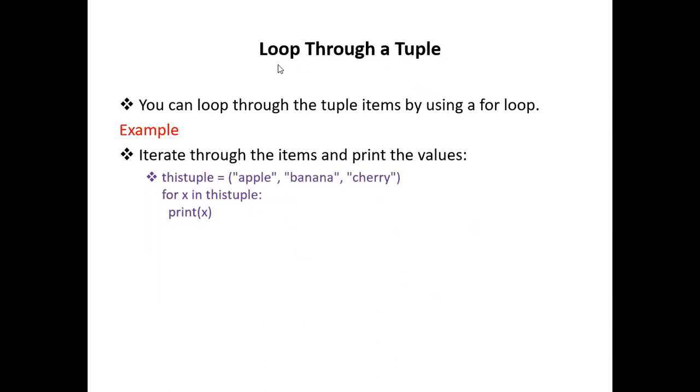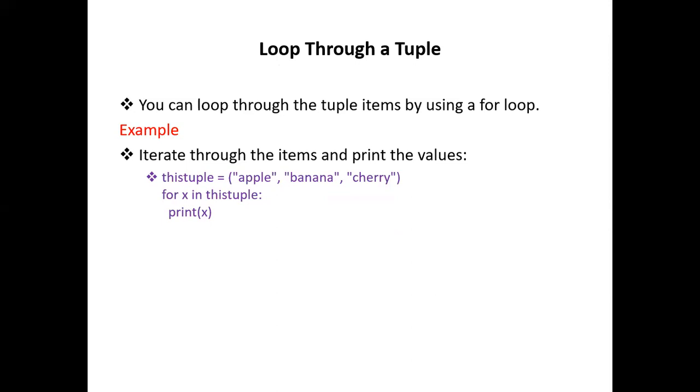Now loop through a tuple. Already I told you before the last slide, you can access elements of the tuple by using index, like a list. We can access elements one by one using the index, but we have to use square brackets.